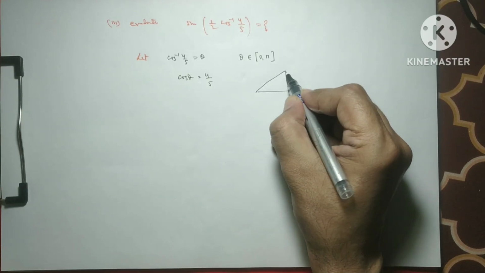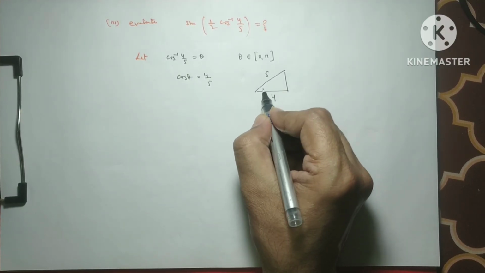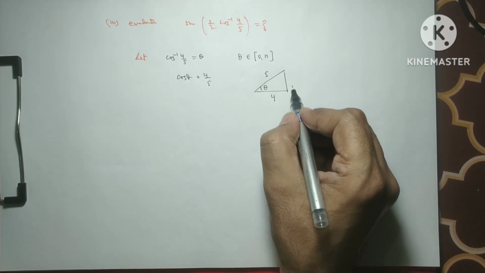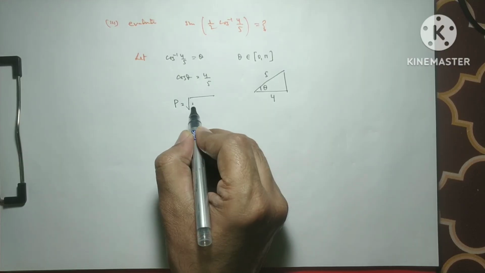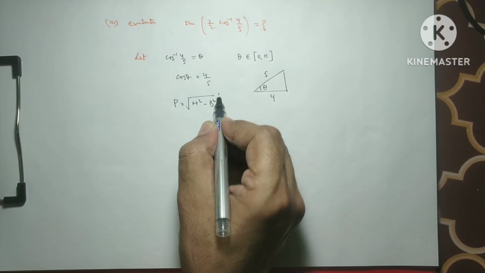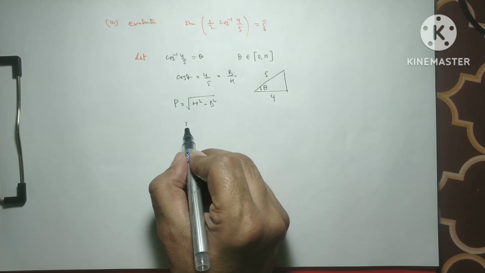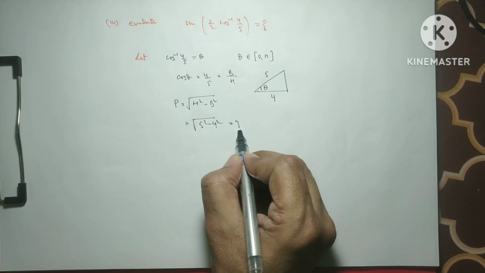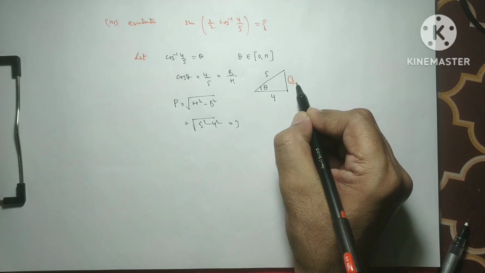When you draw a triangle in which base is 4 and hypotenuse is 5 and this angle is theta, according to this we get the perpendicular, then perpendicular equals under root hypotenuse square minus base square. So we get 5 square minus 4 square, we get 3. So this value becomes 3.